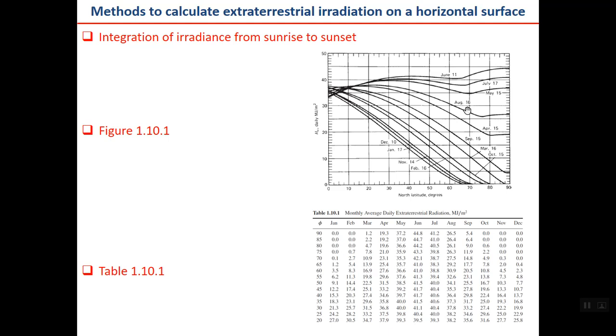So you can integrate the previous equation from sunrise to sunset and calculate the irradiation on that day. The next is a figure in your book, figure 110.1, as you can see on the right. And the third and final is table 110.1 in your book. There is a table, as you can see here in the right bottom. And by this table you can also calculate H0.